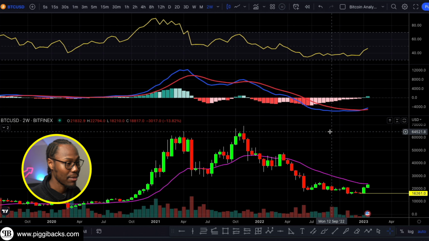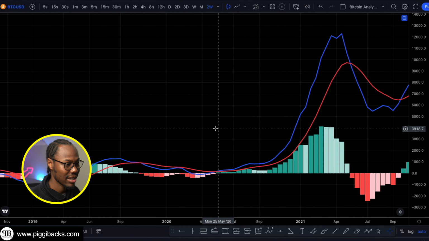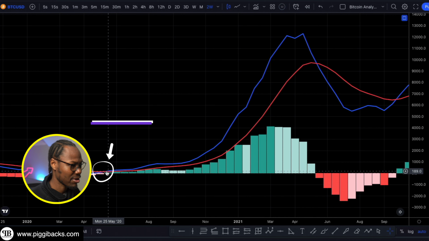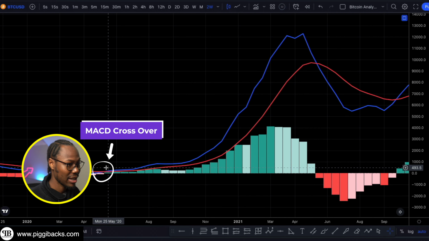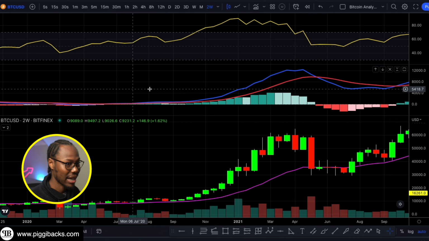And if we go back to the previous crossover before that, which happened in May 2020, you will notice right here that when the crossover happened, Bitcoin went into a bull run. So Bitcoin had a MACD crossover.